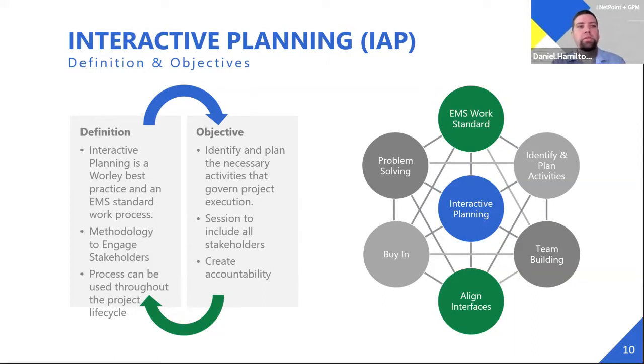These sessions should include all major stakeholders, including engineering leads, project services, construction, customers, and even operations at times. The interactive planning process can and should be used throughout the life cycle of the project and can be used to micromanage difficult tasks for areas, systems, and multidiscipline interaction.